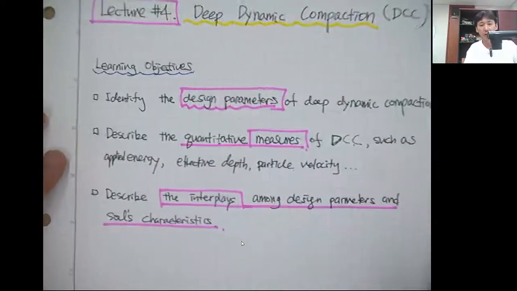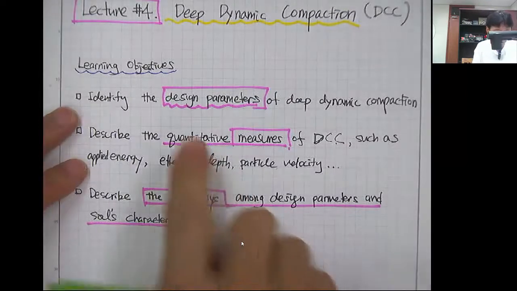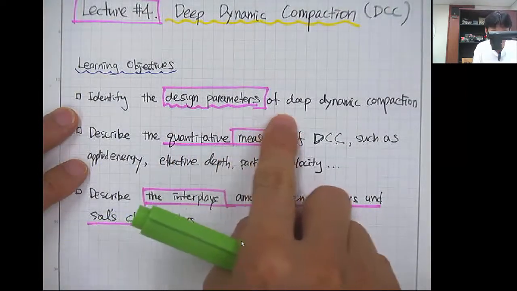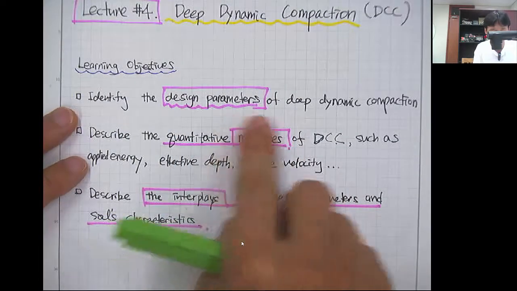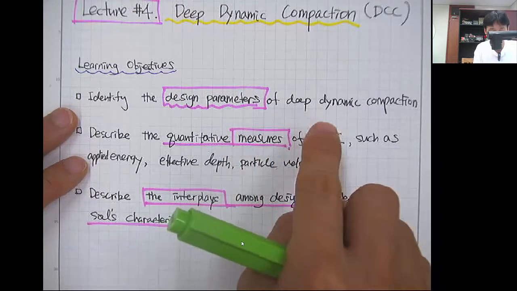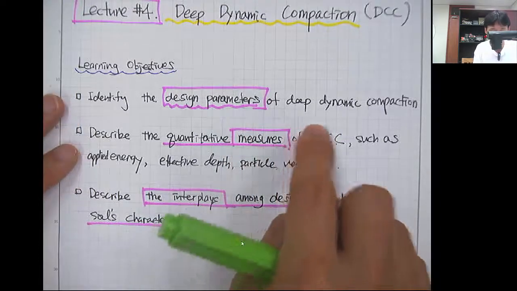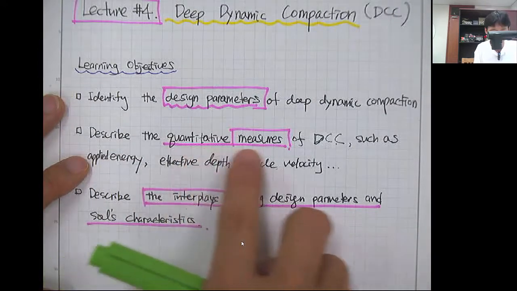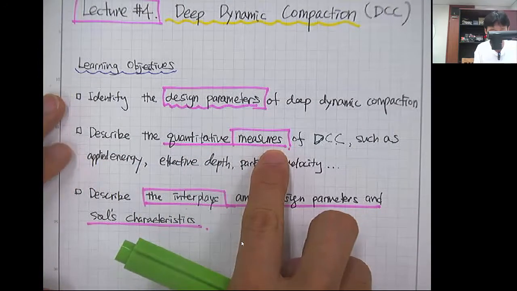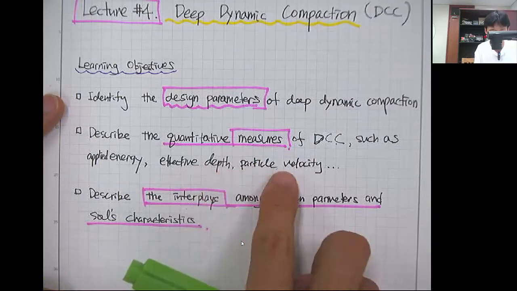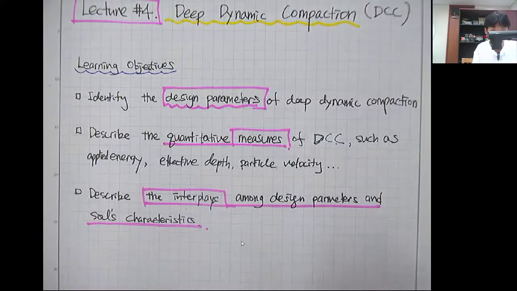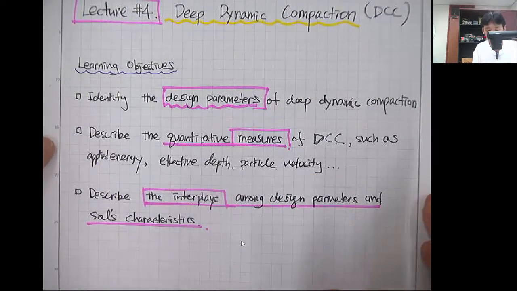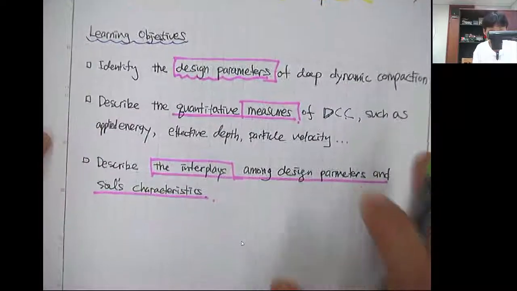To wrap up this class, we talked about the design parameters of the DCC, like spacing and WH, the number of passes, and number of drops. We also described the quantitative measures for quality assurance, effective depth, particle velocity, and SPT value, and also how we can calculate the applied energy from the given geometry.